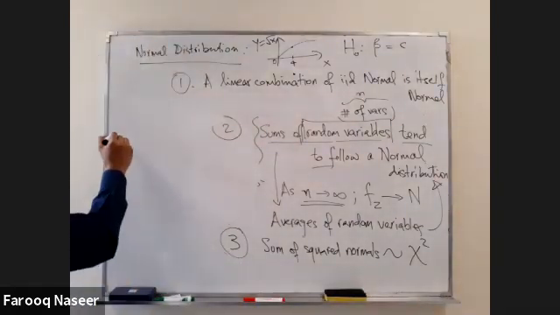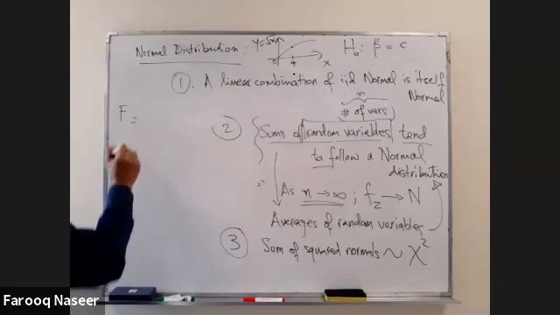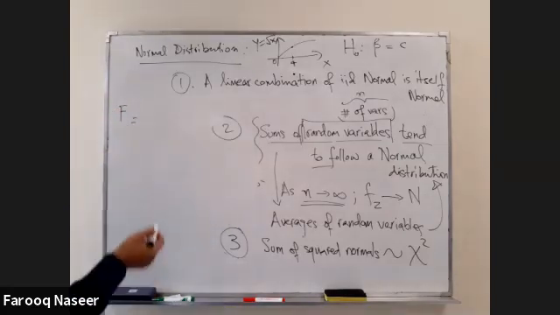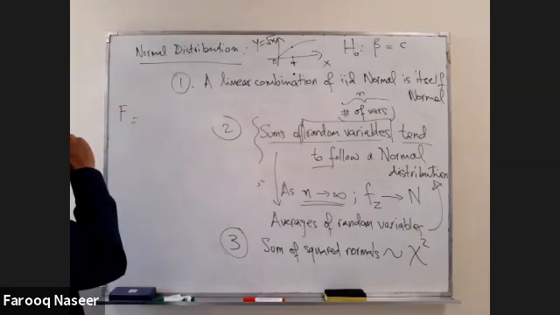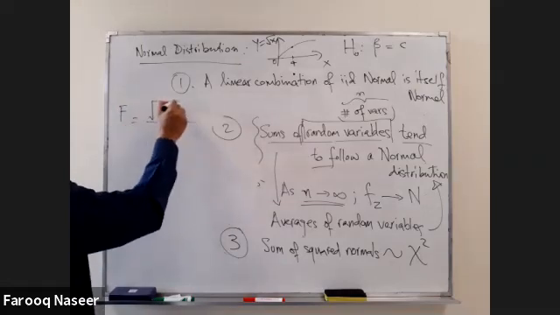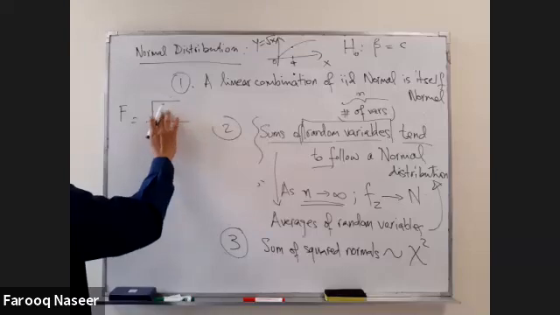So what is the F distribution? Don't ask me what F stands for, because I don't know. But it is again a ratio of two random variables, where the numerator is also chi-squared and the denominator is also chi-squared.